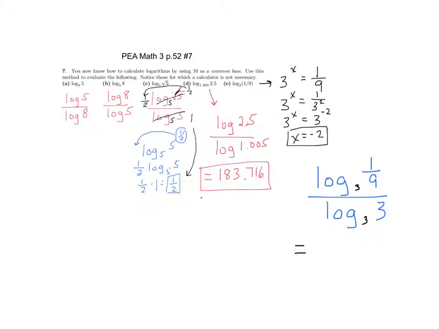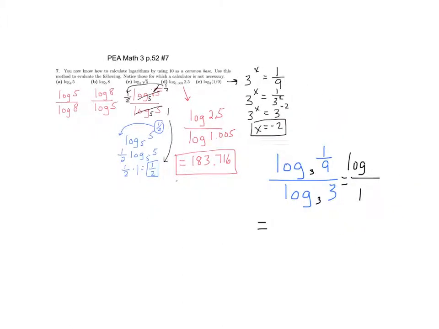Now the denominator is just 1. This equals 1. And then we have to figure out that 1/9 is 3 to the negative 2 power. And then move that in front. And then this cancels, and you just have negative 2 over 1. Cancels as in it's 1, and then you multiply. Questions there?